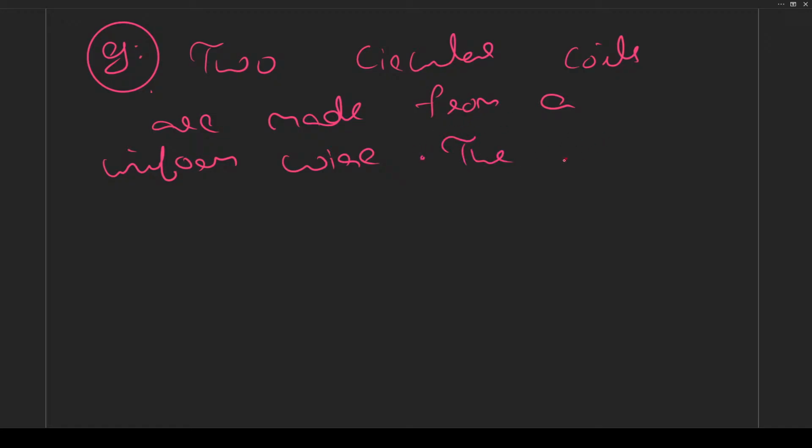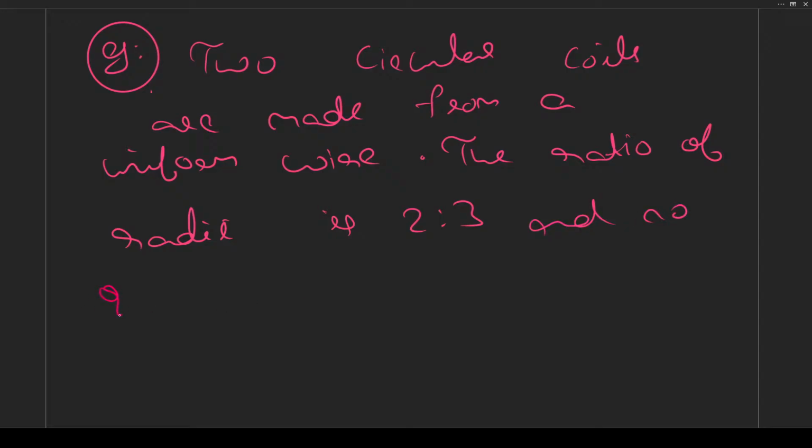The ratio of radius of coils is 2:3, and the ratio of number of turns is 3:4.